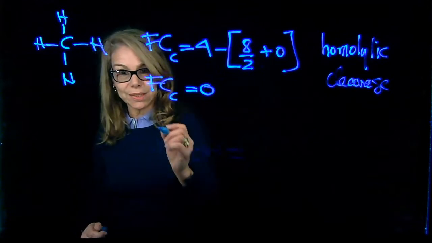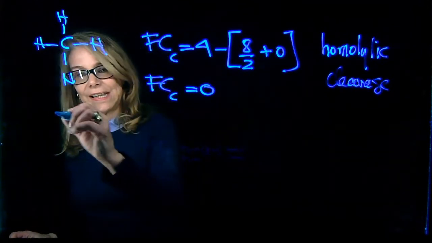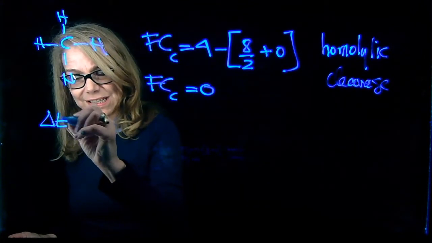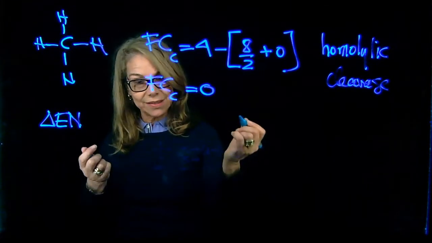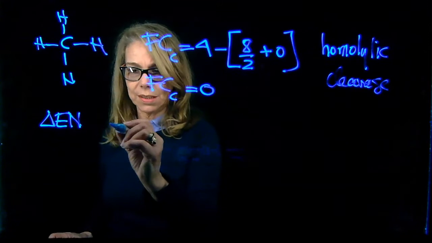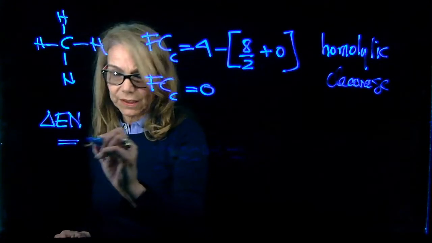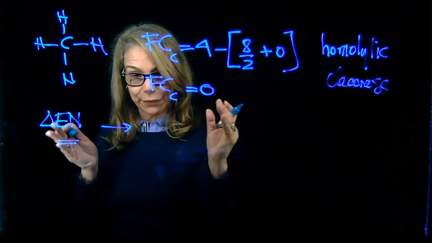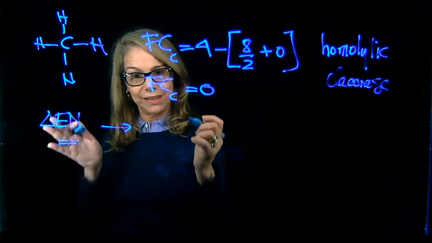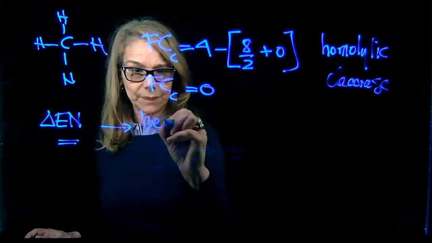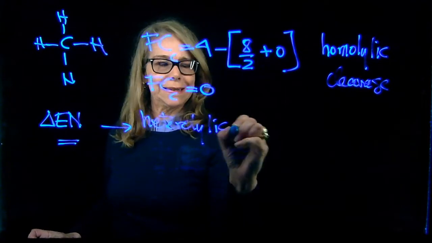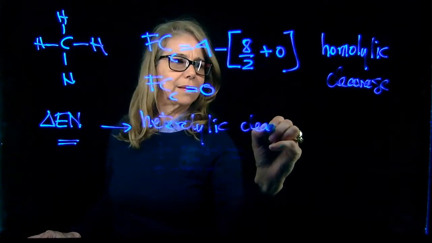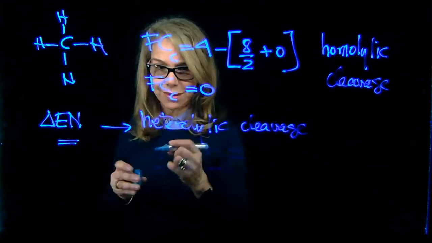Now, when we do oxidation states, we're going to take into account differences in electronegativity to assign those electrons. This time, we're going to consider as if the bonds are broken, or cleaved, heterolytically. Heterolytic cleavage, what is that? Cleavage is breaking bonds.